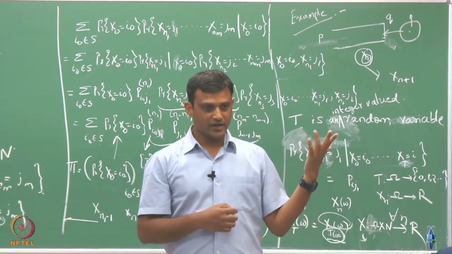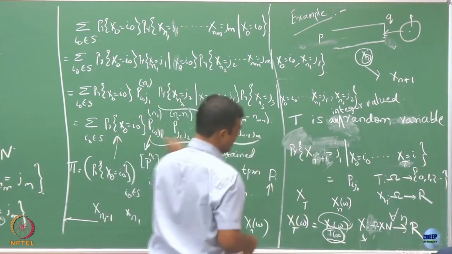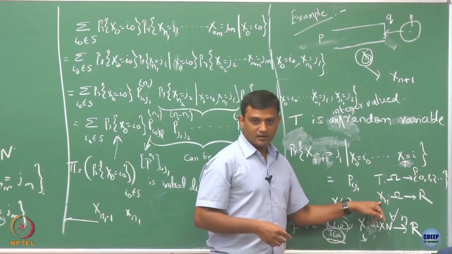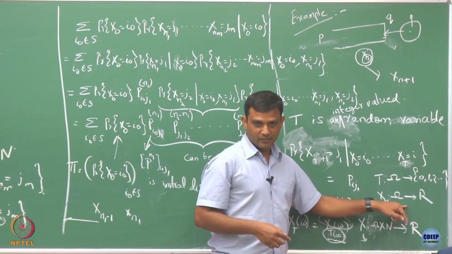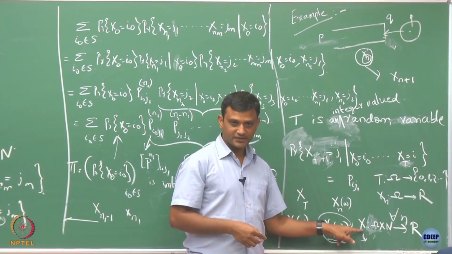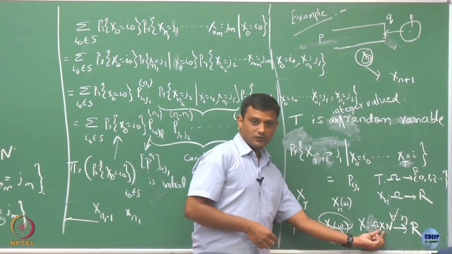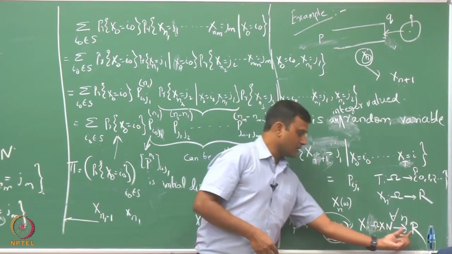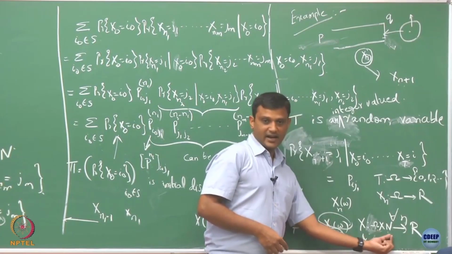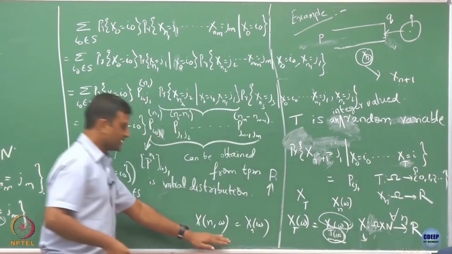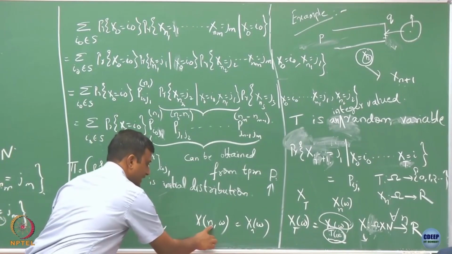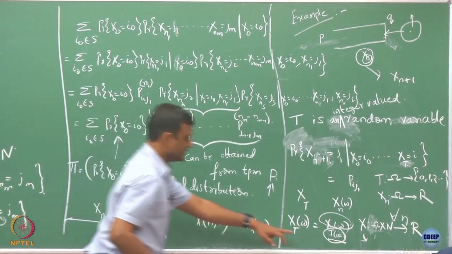A stochastic process can be thought of as a collection of random variables where every index corresponds to a random variable, or alternatively we can think of the random process X as a map which gives a value in R for a pair omega and n.